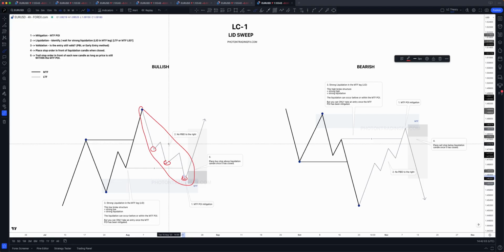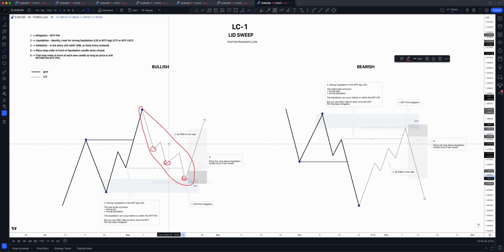Now, the reason why I'm telling you to look for that first is because it's the easier entry model to master. It's a lot less aggressive than LC1. So I basically view LC1 as like a bonus entry model. I much prefer LC2A. That's what I'm focusing on. LC1 is more aggressive, and it requires more experience to master it.